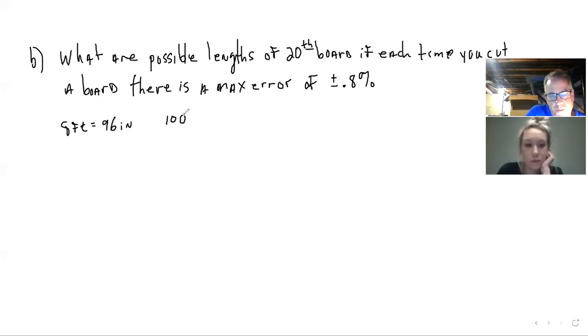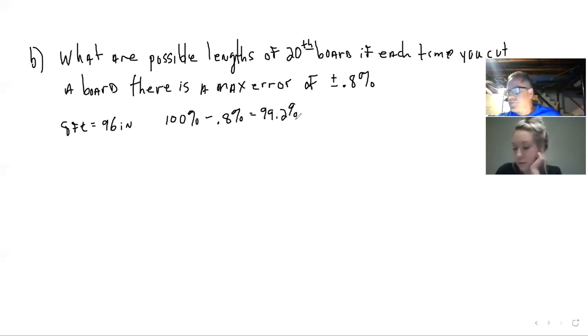So if I went 100% minus 0.8%, that gives me 99.2%. That's just how I usually think it through, but if I first went 0.008 times the 96 inches, got that value and took it away from 96, I'd arrive at the same place if I take 96 inches times 0.992. And that would be exactly the length of that first board.